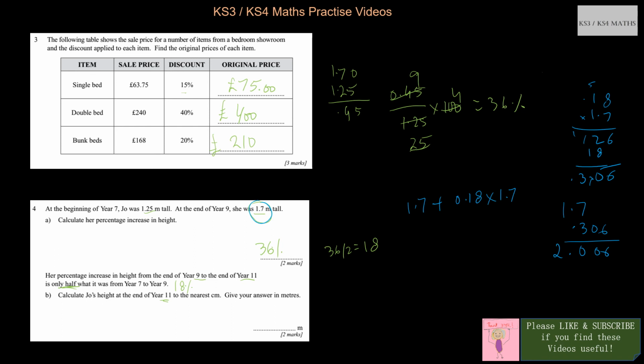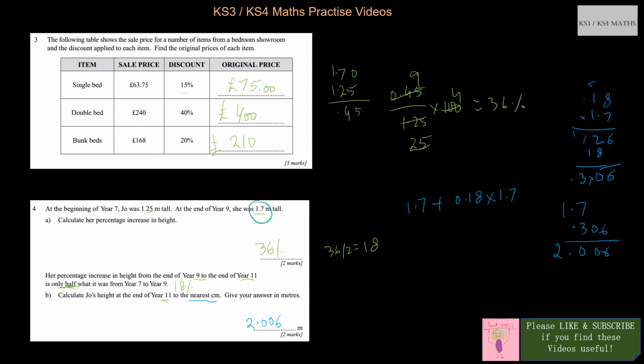So that is 2.006 meters, and to go from meters to centimeters we multiply by 100.